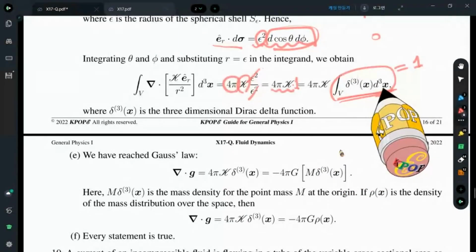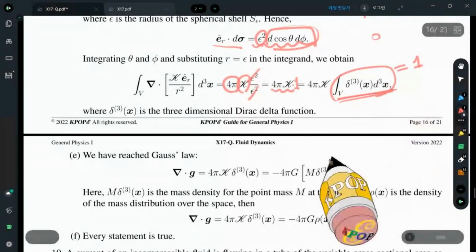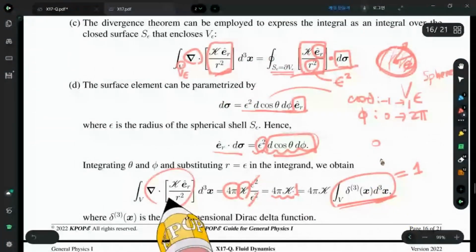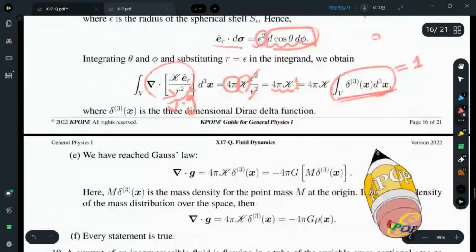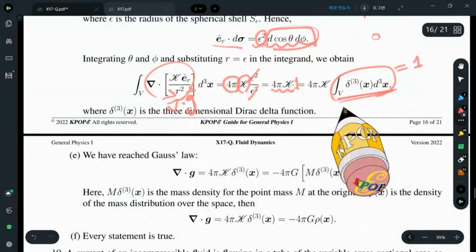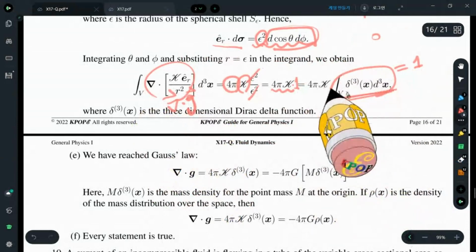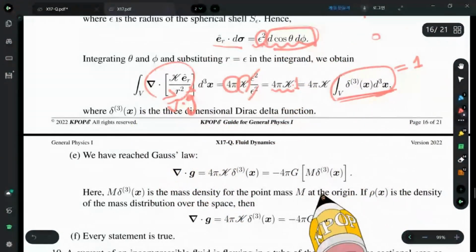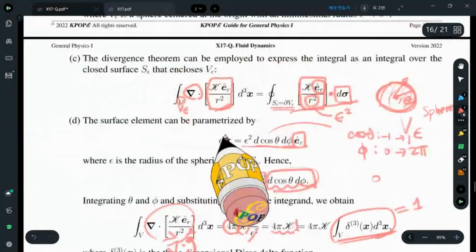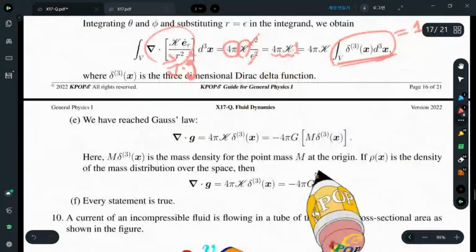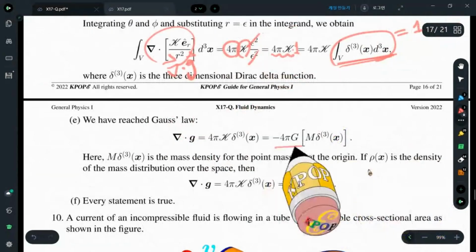Once we rewrite this, you end up with the fact that this is divergence G. The volume integral of divergence G is identical to the volume integral of the Dirac delta function multiplied by 4 pi k. And k was originally expressed as -GM. Finally, we end up with this.